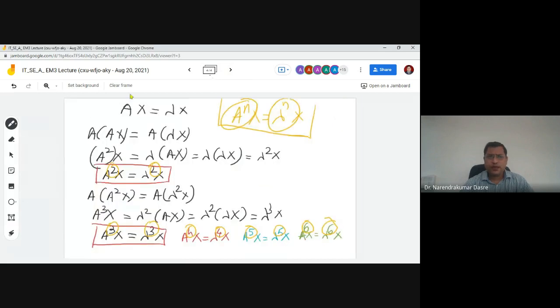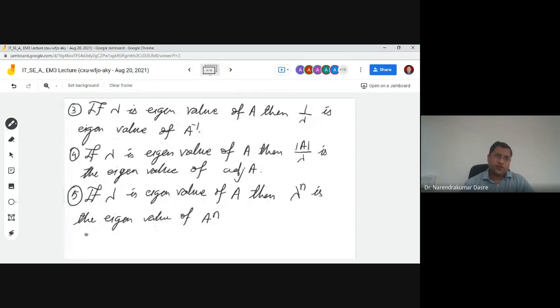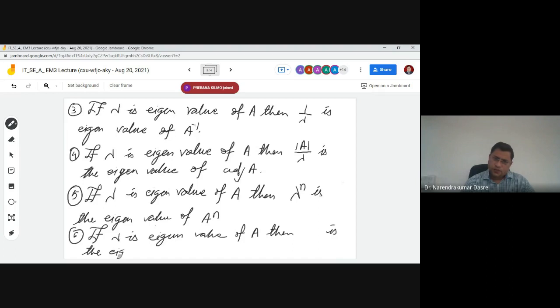And now suppose there is a polynomial or a function of A. If lambda is an eigenvalue of A, then what is the eigenvalue of f of A, the function of A?